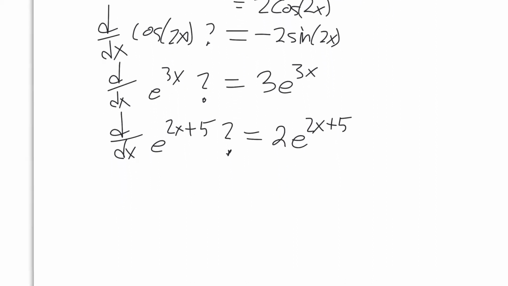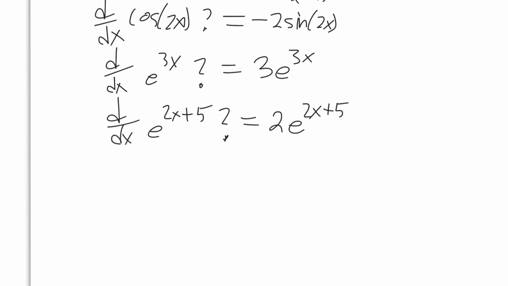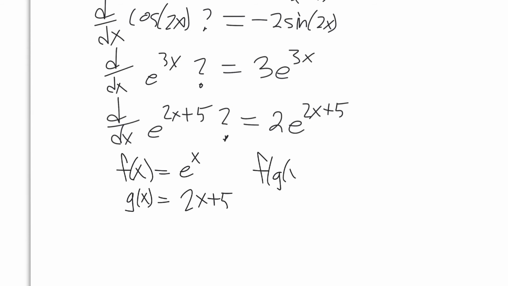In fact, what you can think of is that we have what's called function composition. If you had a function f(x) as, let's say, e to the x, and g(x) as maybe 2x plus 5, if you were to calculate f of g of x, you would get f of 2x plus 5, which means everywhere you see x, you replace it with 2x plus 5.